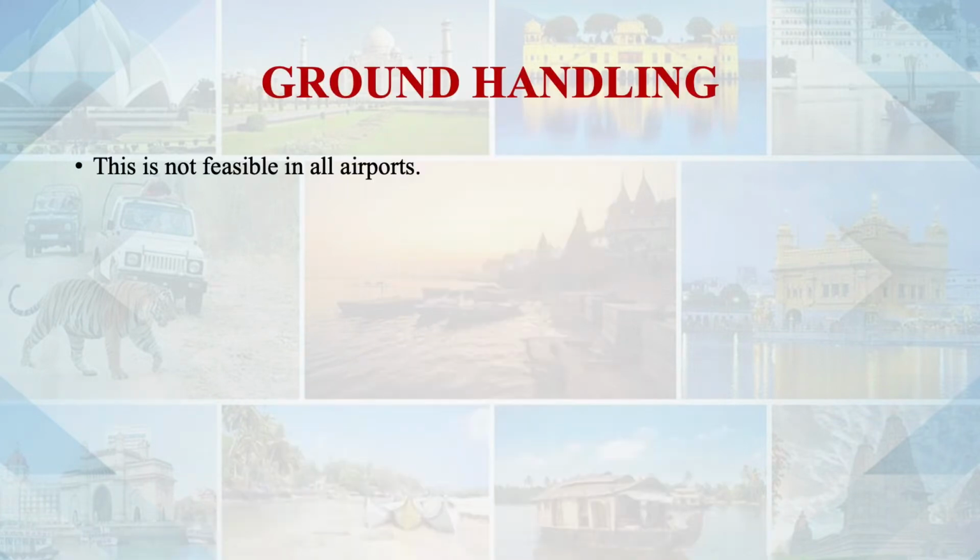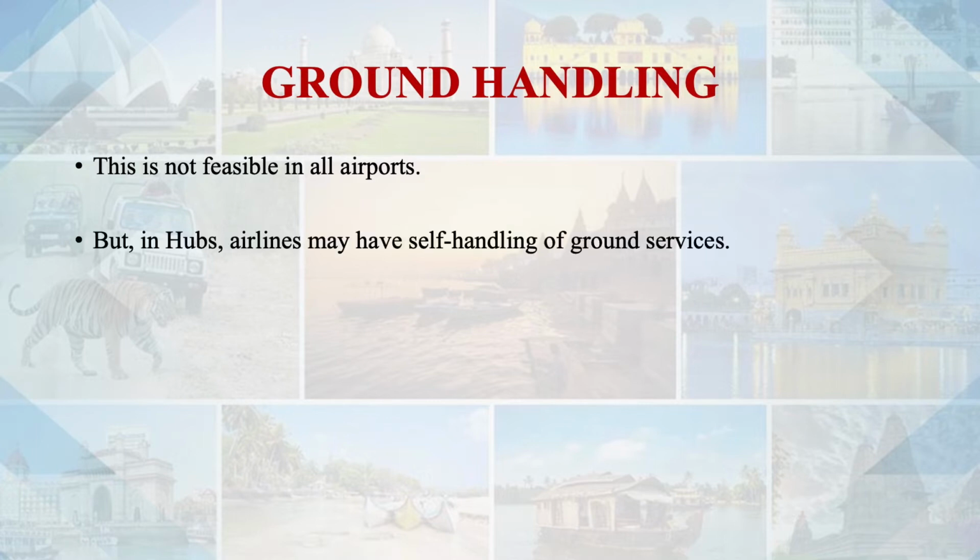So when it is self-handling, that means airlines will be having their own facilities for arranging ground handling activities. But this may not be feasible in all the airports. In hub airports, airlines may have self-handling of ground services. For example, Air India has its own ground handling activities in Mumbai as well as in Delhi.